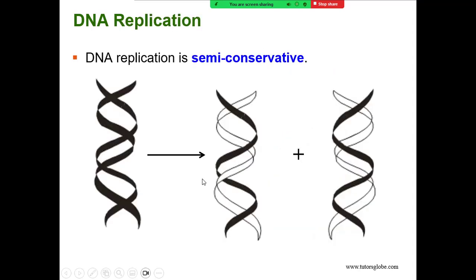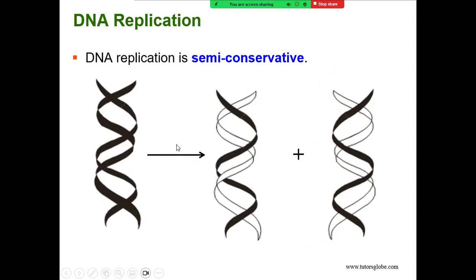That differs from the conservative model. Here the dark strands of DNA are the old strands of DNA. The white strand is the newly replicated strand. And in the semi-conservative model, each new double strand of DNA will have one original strand and one newly replicated strand for both cells.